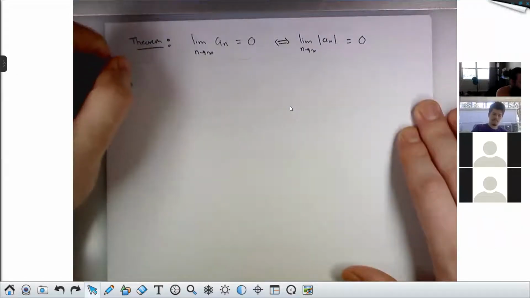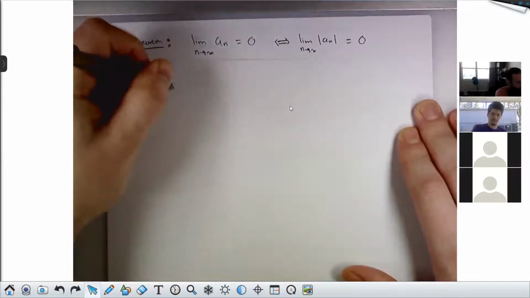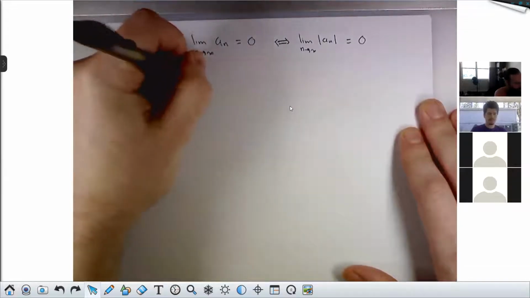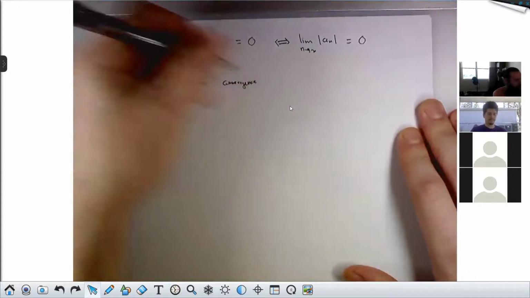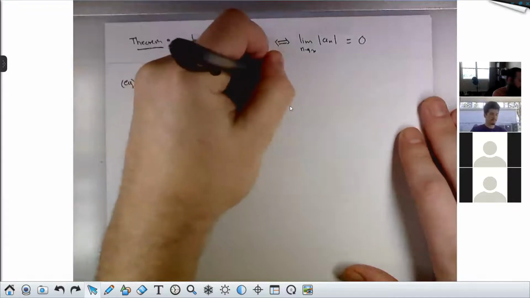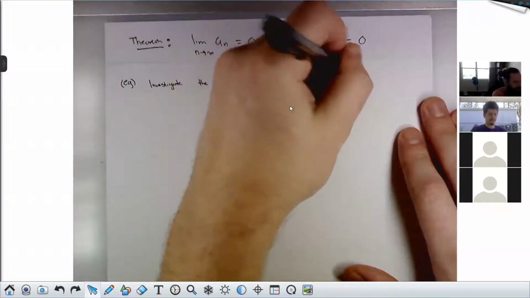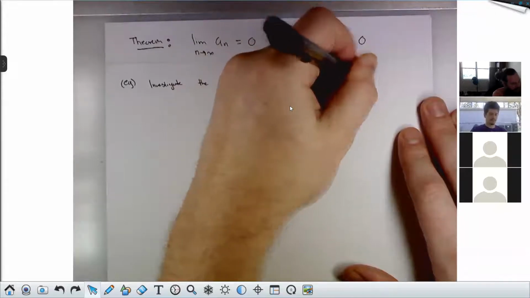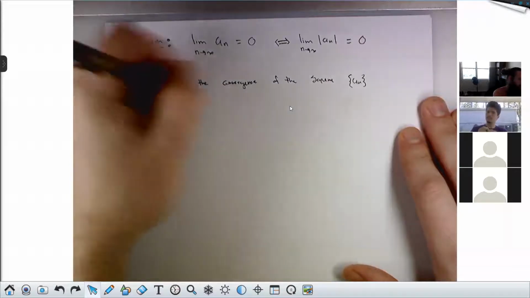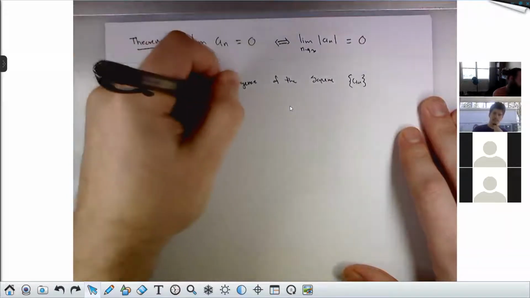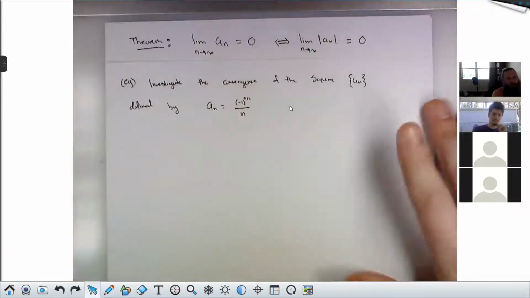One of the sequences we looked at the other day, but didn't look at the convergence result for, was kind of an oscillating harmonic type sequence.